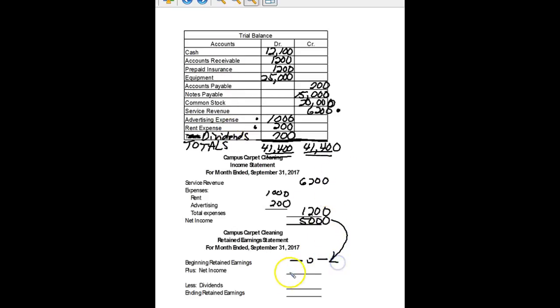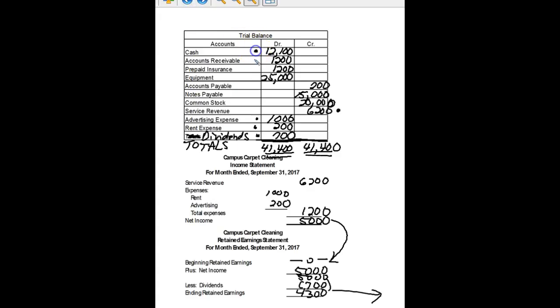And then we will pull in our net income of $5,000, subtotal that to $5,000, list our dividends of $700, and we'll have ending retained earnings of $4,300. And then that $4,300 goes forward to the balance sheet, right? So the ending balance of retained earnings goes forward to the balance sheet.